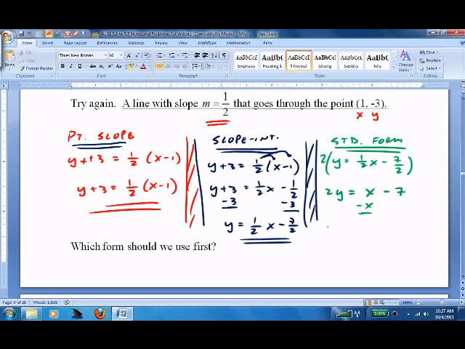Subtract x from both sides. Negative x plus 2y equals negative 7. Done. Which form should we use first? That's the nice part. If we start with point slope, everything else flows straight from there.